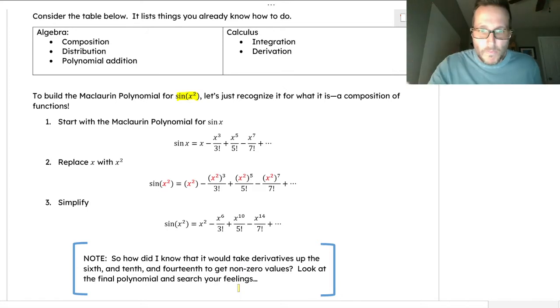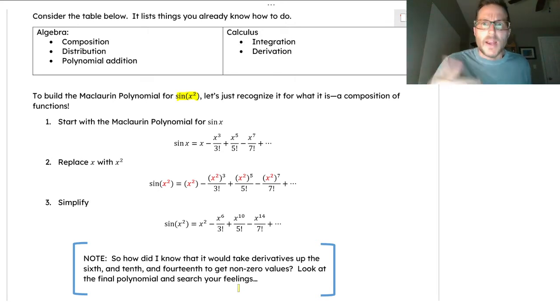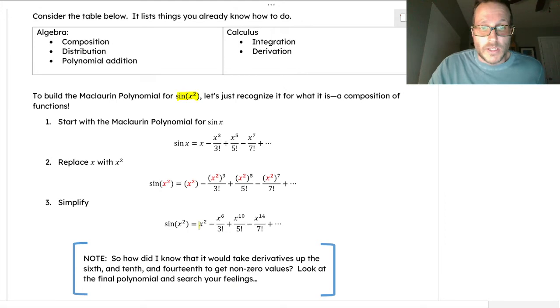How did I know after the first 3 or 4 derivatives that it was going to take until n equals 6 to get my next non-zero derivative? Recall, in the last video, I talked about how to identify the derivative information. The nth derivative information is always attached to the nth power term. So we have an x squared term, so there is a non-zero second derivative value.